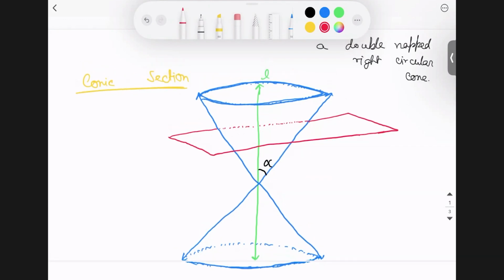Okay, so clearly you can see that from this point we can see something. So how can I understand what the angle of this plane is with this line L, which is the axis? For that, we can draw a line from here to here, like this.